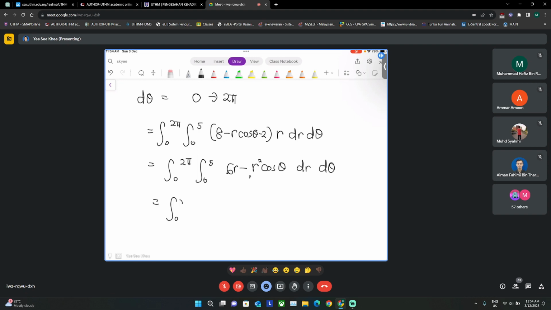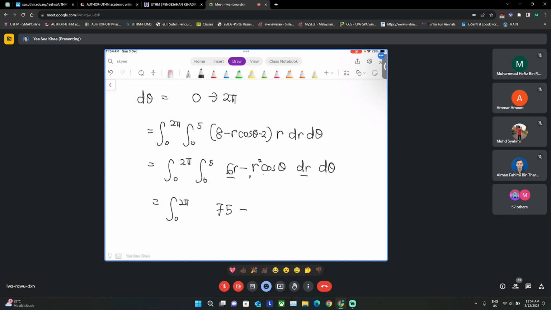So now you press calculator by part. 6r first. So you integrate 6r from 0 to 5. For this part, you get 75.